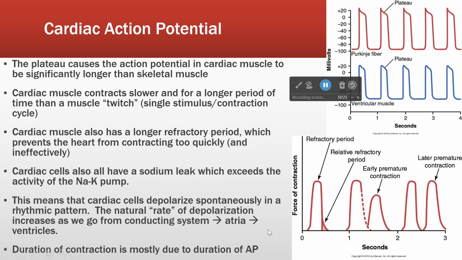All right. Okay, so here we go. I didn't talk about this chart yet. So here we've got force of contraction and we've got seconds, okay? So what we can see is that the heart muscle can't have another contraction here because it's already in its refractory period.